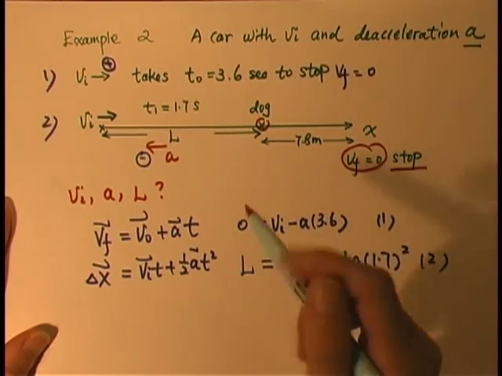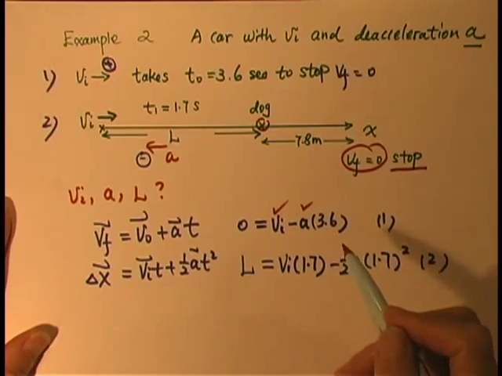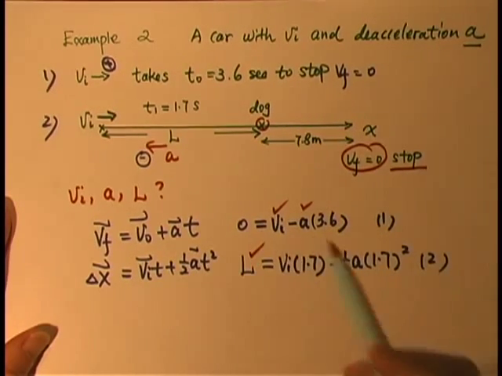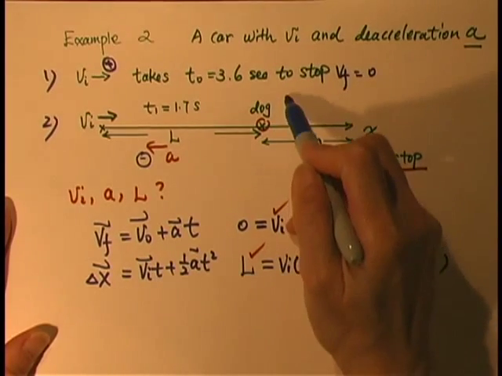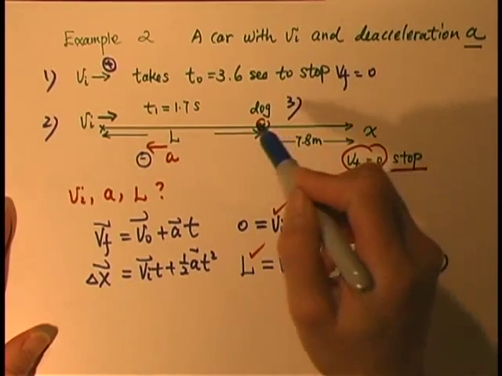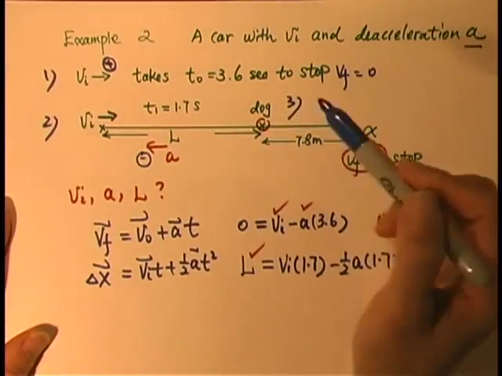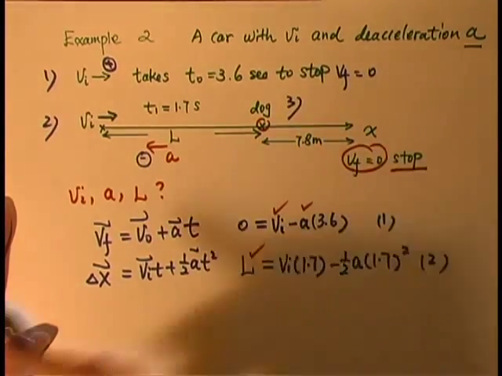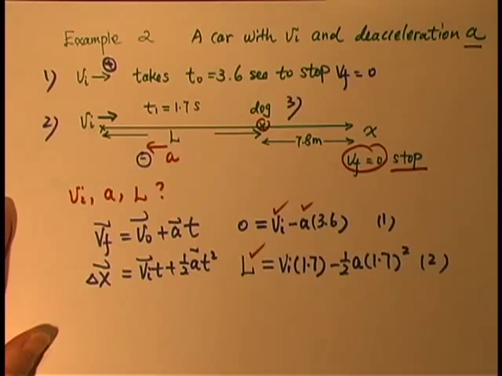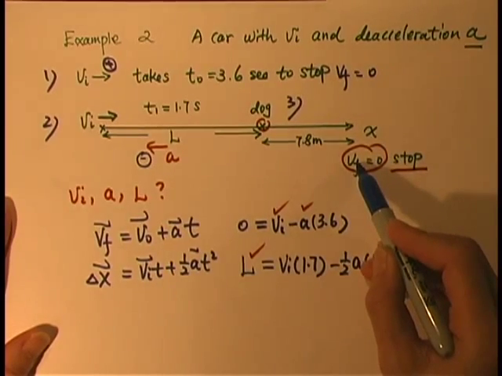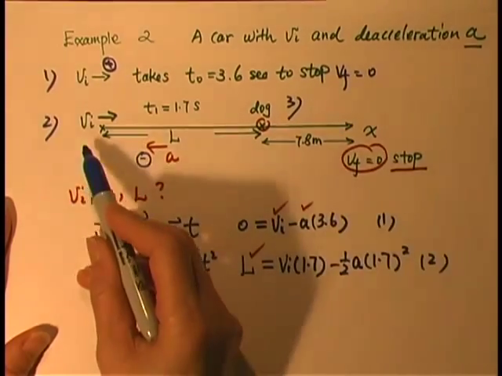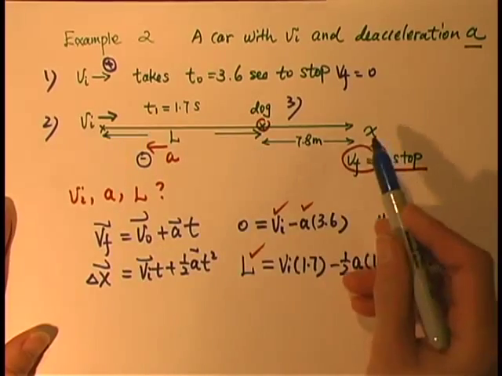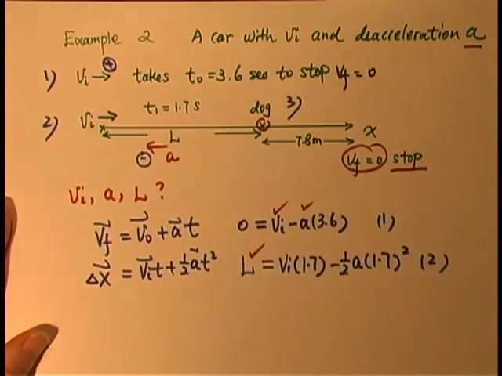So we have 2 equations, but we have 3 unknowns. Because if you take a look, we have the initial velocity, the rate of deceleration, and that L. However, we do have the third condition, which is after it travels L, another 7.8 meters the car stops. So we know the final is 0, we know the initial is that, we know the total displacement is this, we know the deceleration.